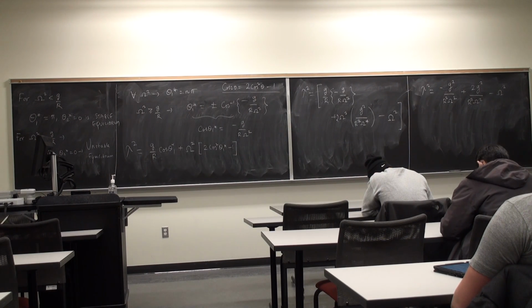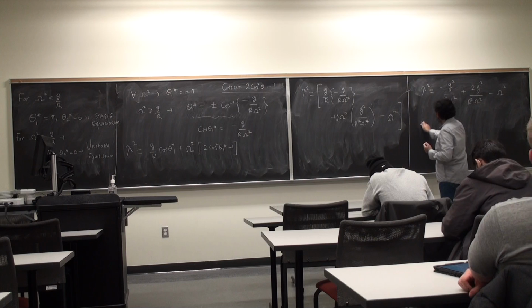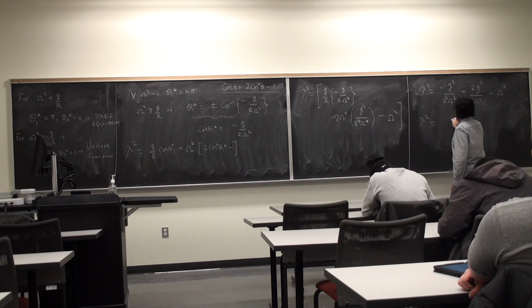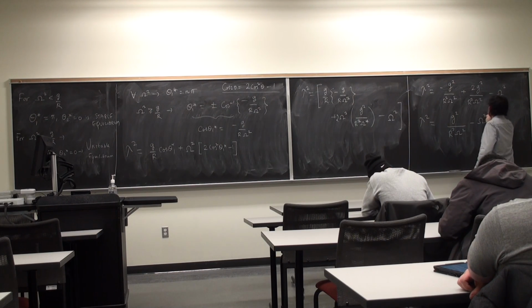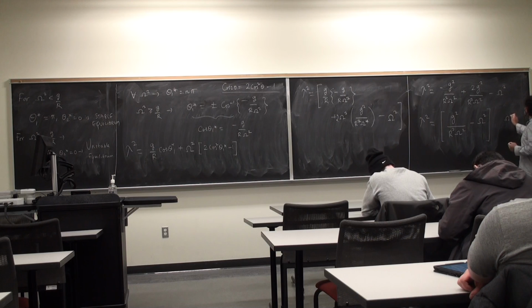Does this make sense to everybody? 2 minus 1 is 1. So this is g square by r square omega square minus omega square. And mind you, omega square is greater than g by r.